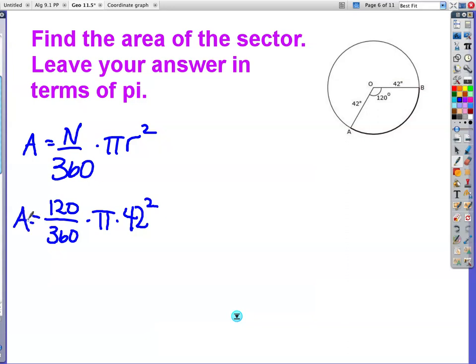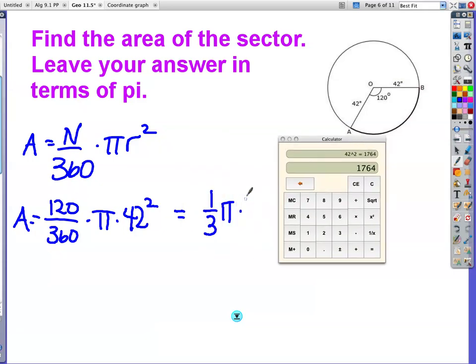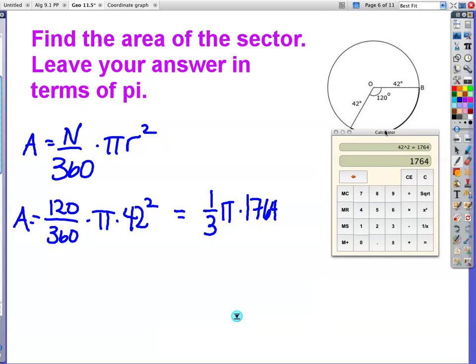Okay, hopefully there are many of us that can look at 120 over 360. I look at that as 12 over 36, which is 1/3. Then I've got a pi, and then I've got to figure out 42 squared. So 42 squared is 1,764.